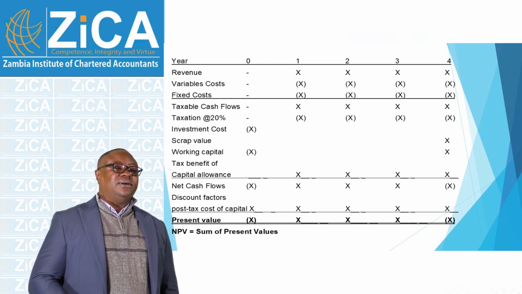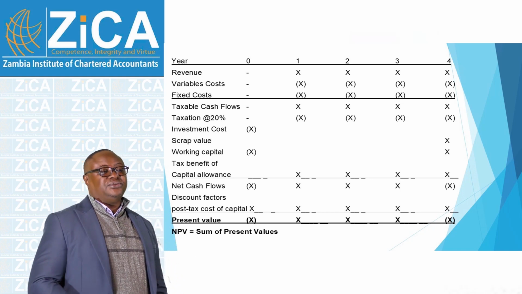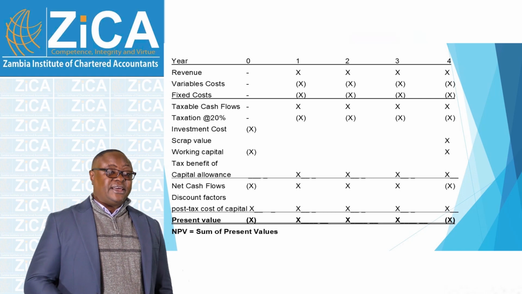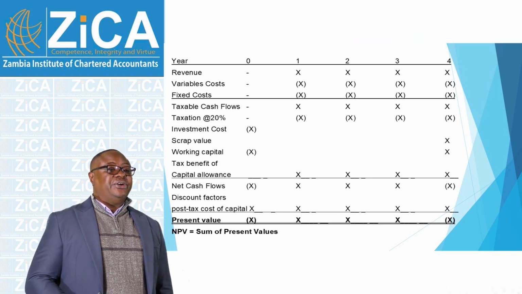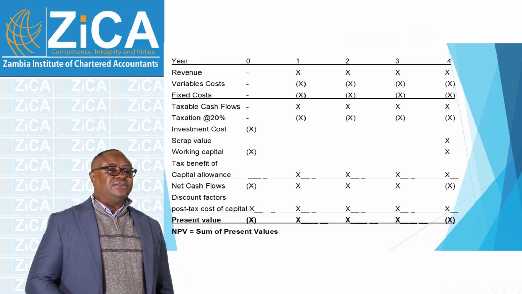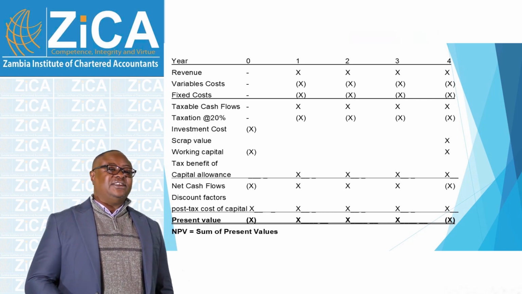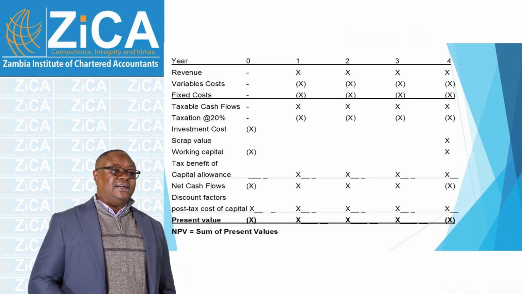Working capital is also a relevant cash flow because you need to invest in the working capital. Normally, the question will tell you that this working capital will be realized at the end of the project. It means there will be a cash inflow at the end of the project. In the beginning, you are investing, so it's a cash outflow.